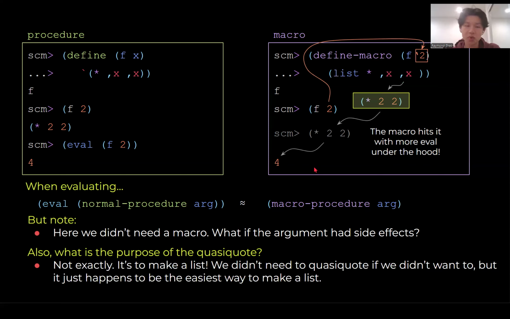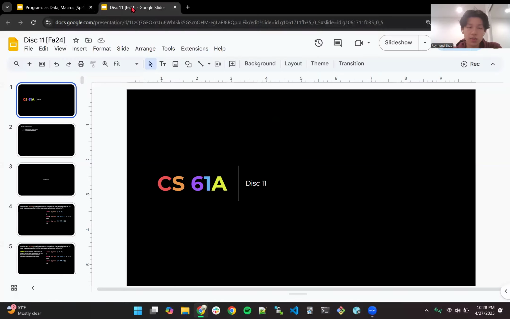And to prove that point, I didn't even need quasi quotation. I could have just used the list. Why does quasi quotation come up a lot of times? Because it's the easiest way to do things. I don't have to call a million conses. I can just have a quote and then we're done. So it's important to have that big picture in your head.